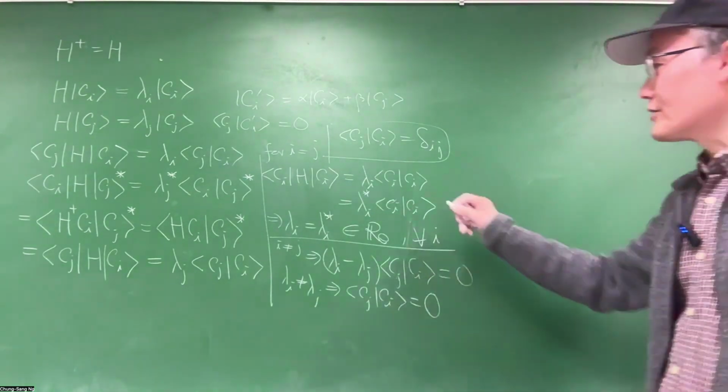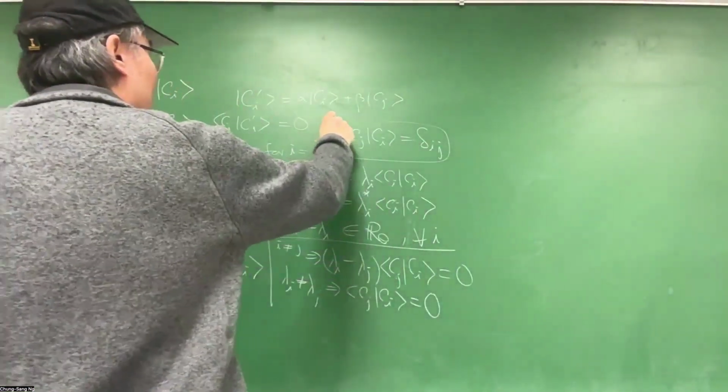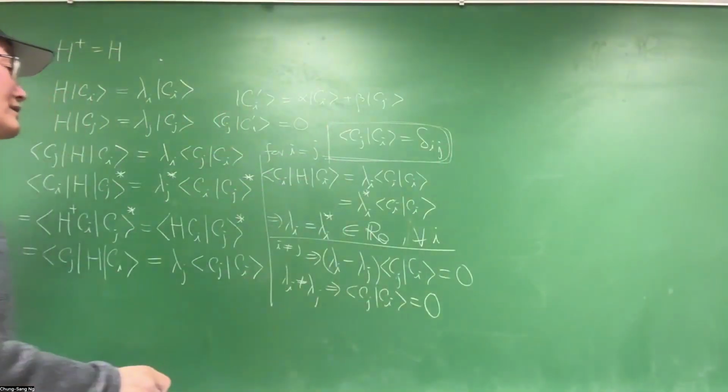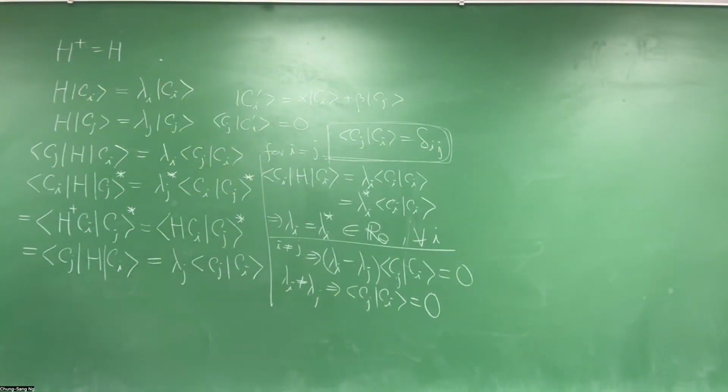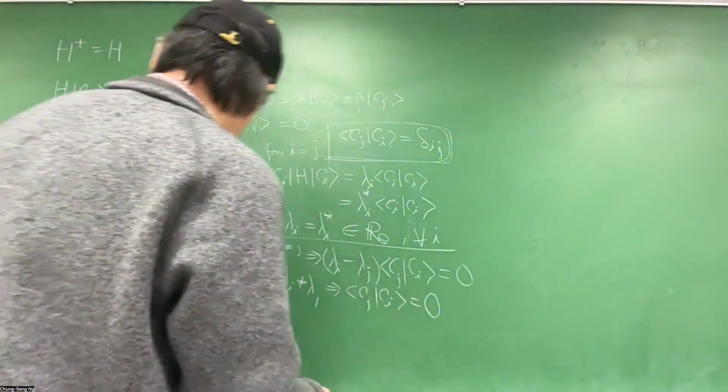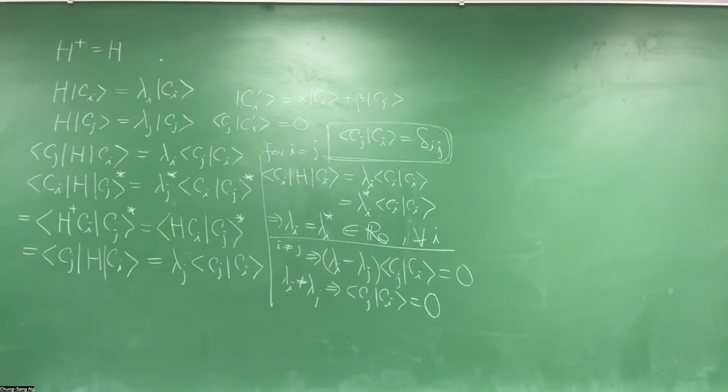So now with this one, if you have a set of eigenvectors for this Hermitian operator, then we can do something called diagonalization.